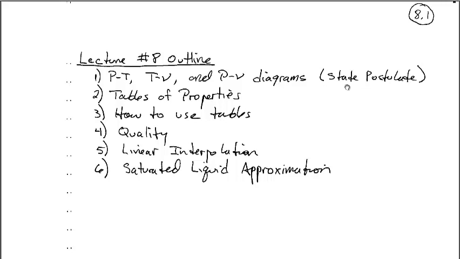And that will allow us to introduce a concept called the state postulate, which will then lead us into a discussion about tables of properties, how we use the tables, the introduction of a new property called quality, the use of linear interpolation, and then finally the use of the saturated liquid approximation. So we'll go through all of these elements in the video lecture.